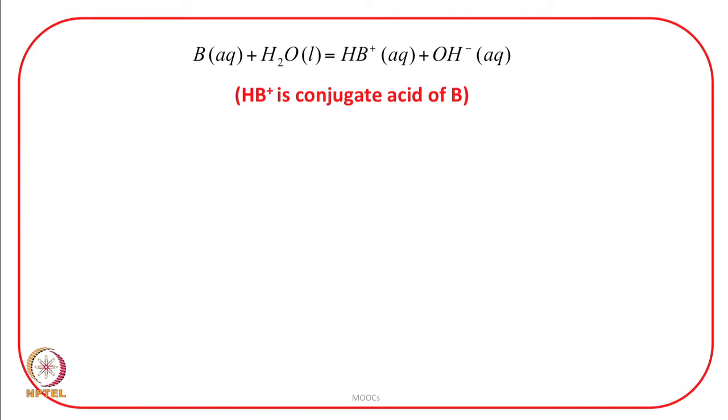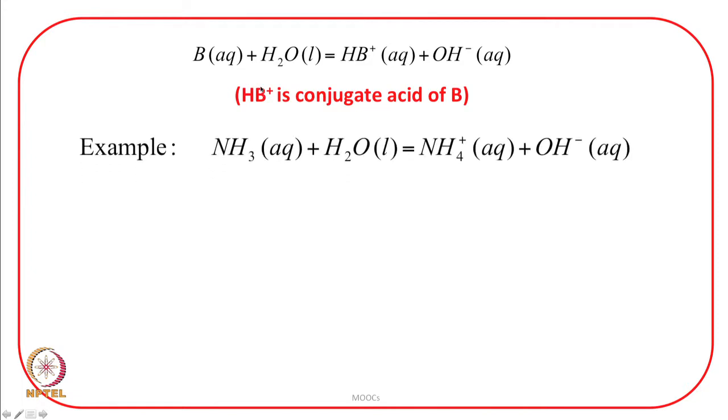In the same manner, if B is a base, then its conjugate acid is HB plus. So, once again it is worth noticing over here that when this base is dissolved in water, then after accepting the proton, HB plus becomes the conjugate acid of the base B. Let us take an example of this kind.